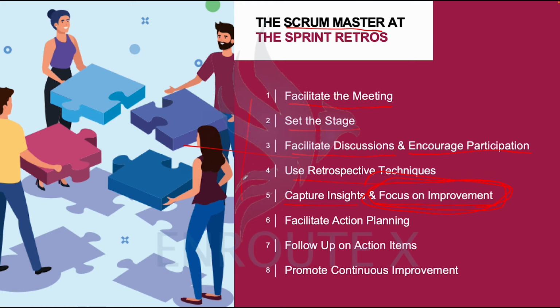The conversation should be sustained, all in a bid focusing on the improvements that would be done. You are looking at how to improve the team to deliver better, how to resolve issues, and make sure that the team moves on smoothly.